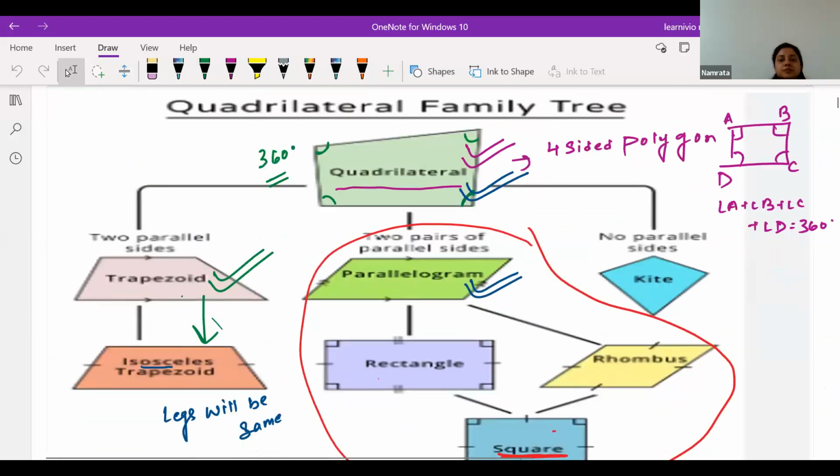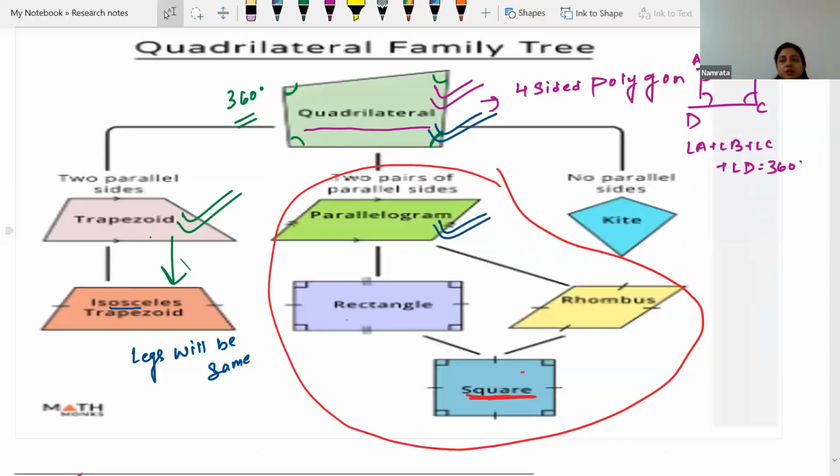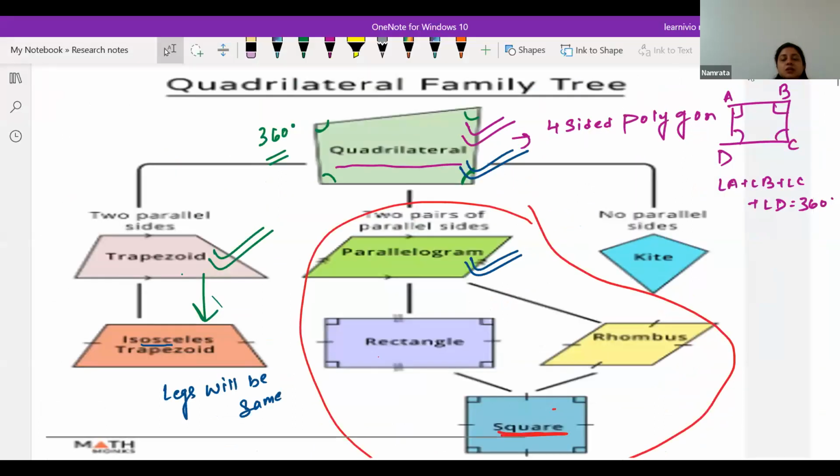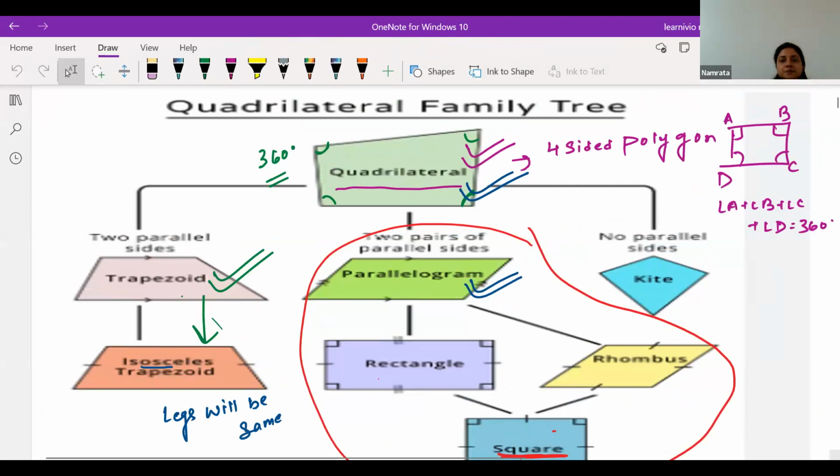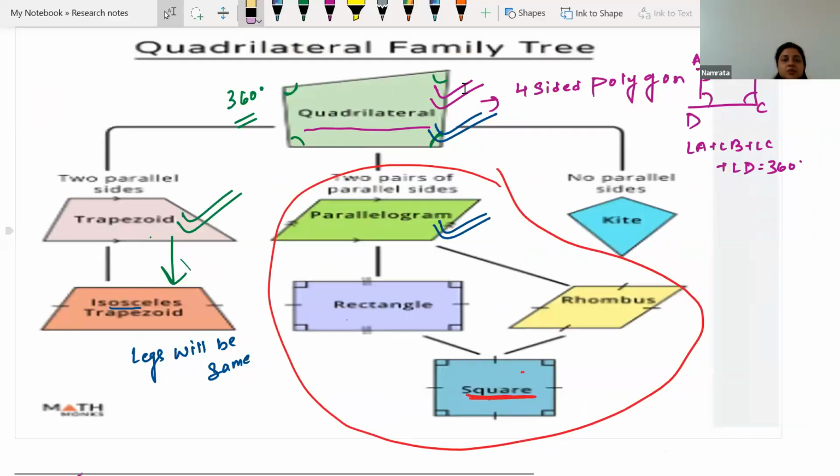Okay. Let's start with the discussion about quadrilateral family tree. After this one, we will be taking the theorems and everything. We will start discussing about that. Can you see my screen?